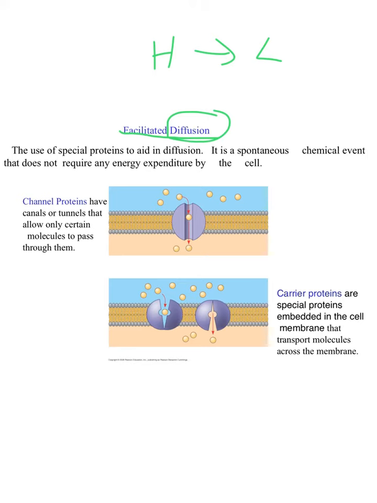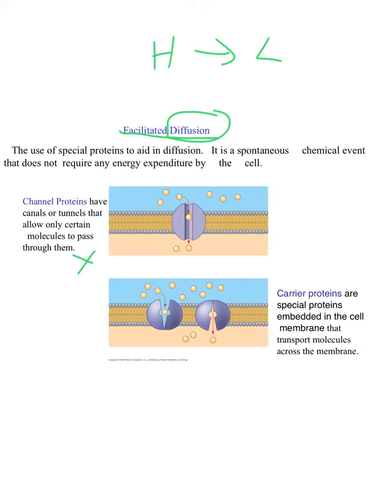It turns out there are two types of transmembrane proteins. One type is channel proteins. You can think of them as having a little tunnel. But that tunnel has a particular shape, a particular form, and a particular chemical nature. So not just any old molecule can go through the tunnel.